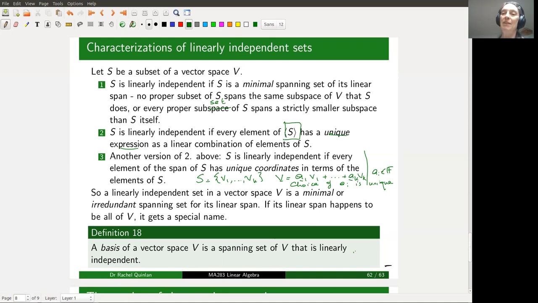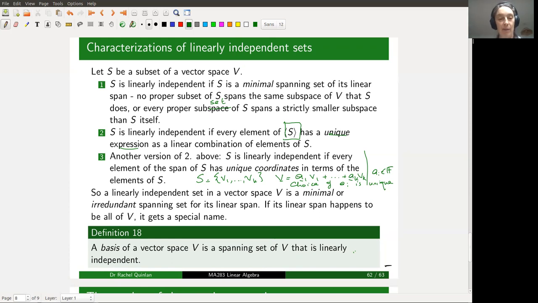Now, if its linear span is the entire vector space V, then what we're talking about is a spanning set for the entire space, which is linearly independent. So with respect to which every element of the space can be written as a unique linear combination. So a spanning set for the whole space that's also linearly independent gets a special name.